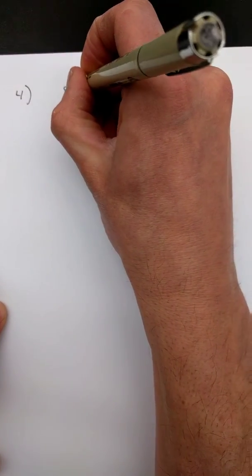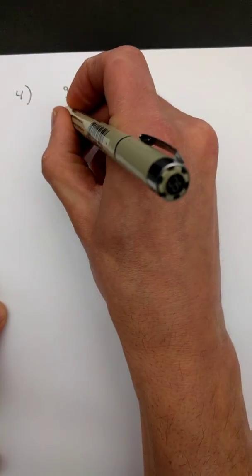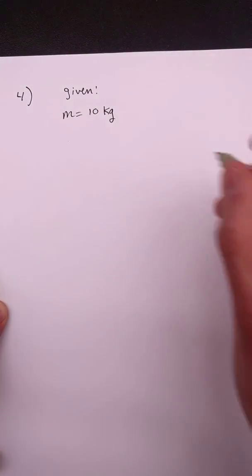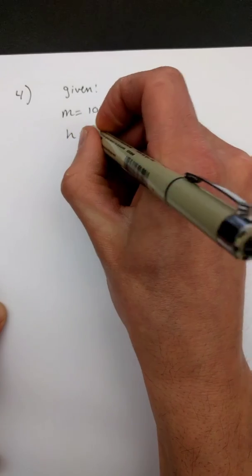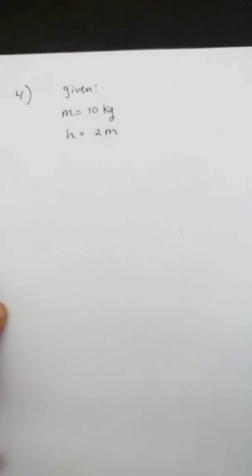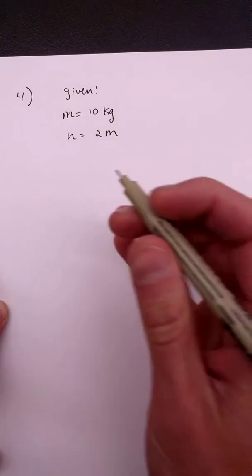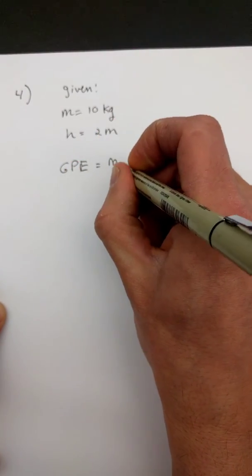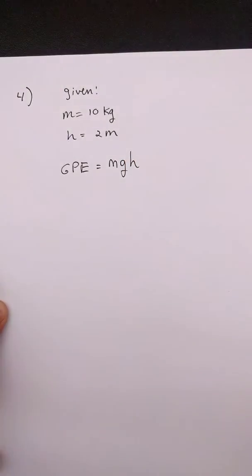Given the mass is 10 kilograms, the height is 2 meters. Now the definition of gravitational potential energy, GPE, is mgh: the mass times the acceleration due to gravity times the height at which it is suspended above either the ground or the surface that it would fall onto if you let it fall.